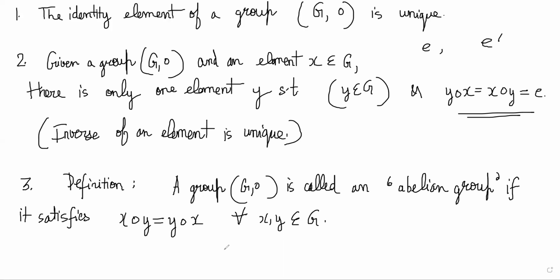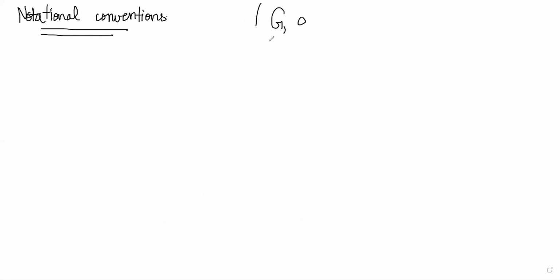And some notational issues that we will talk about right now are some notational conventions. So we have been using groups like this, where the operation is this dot operation, where we write x dot y when we say we are operating on two elements x and y.